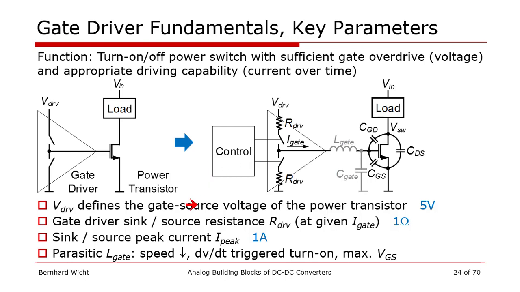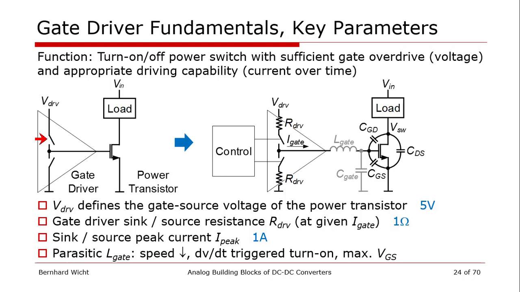So let's summarize these points. First one, of course, is the targeted gate drive voltage we drive. Typical values are in the range of 5 volts, sometimes a little bit higher, sometimes 8 volts. The next point is the gate driver. It has a finite resistance. Of course, these switches are not 0 ohms.